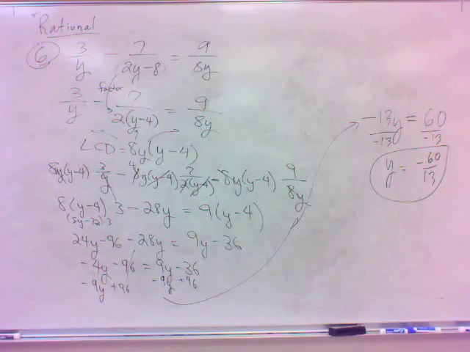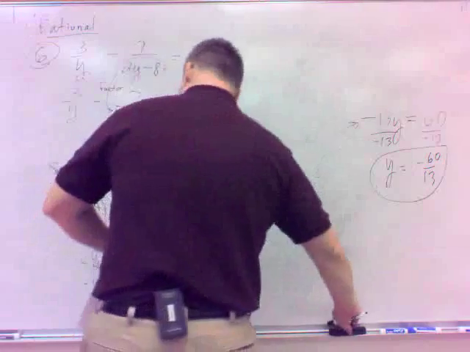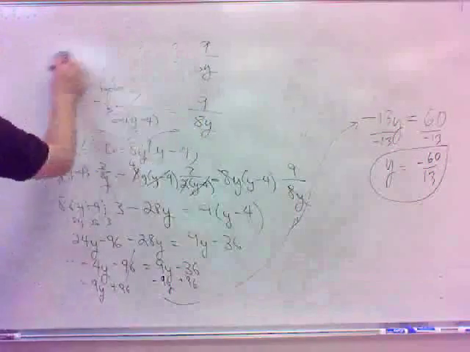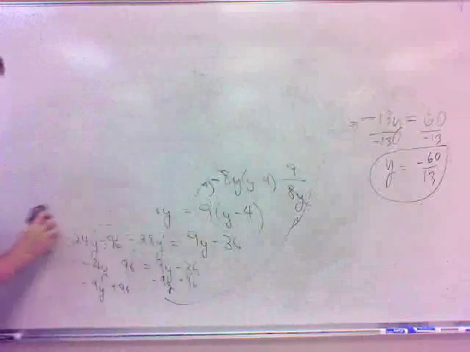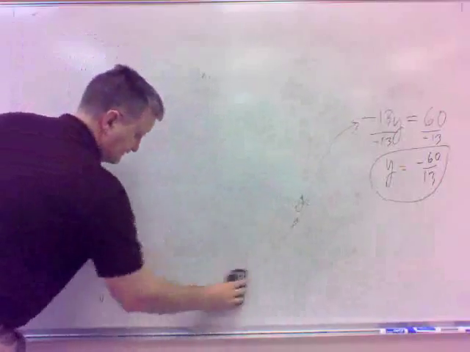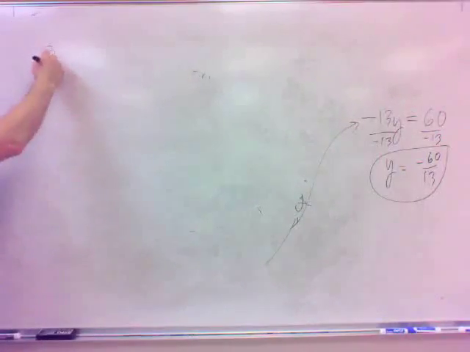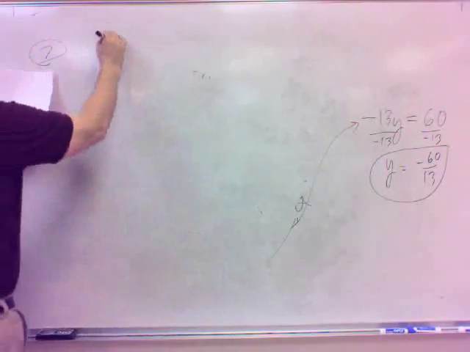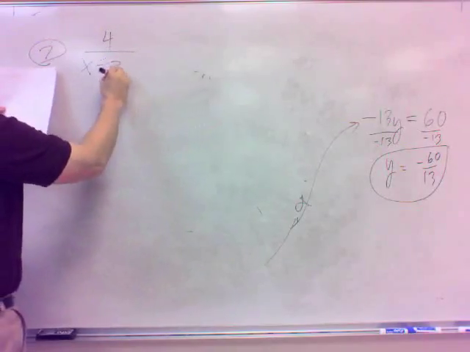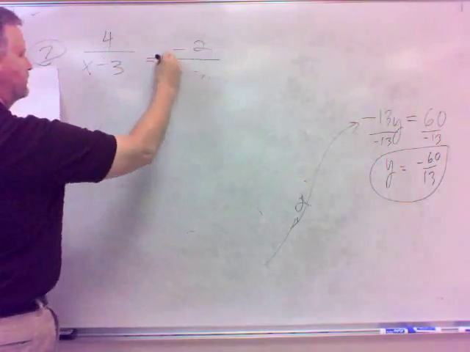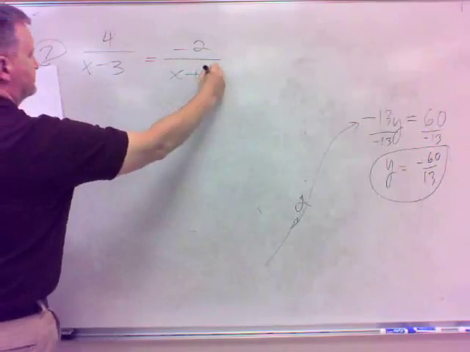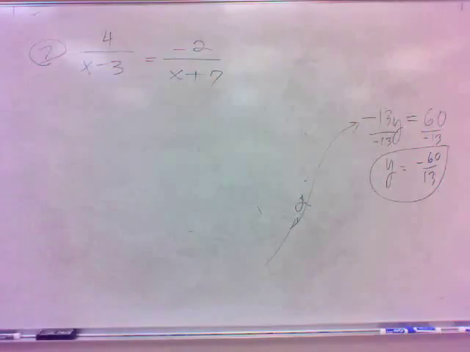All right, number 7. 2 more here. Number 7. We have 4 over x minus 3 equals negative 2 over x plus 7. This brings up the point that to solve this one, we can do what?